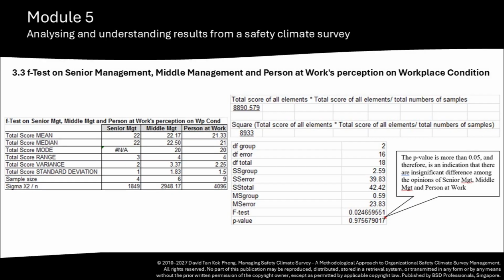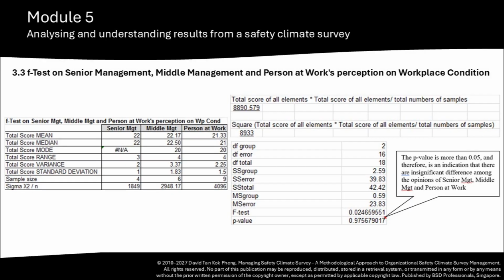Therefore, the null hypothesis cannot be rejected. The findings indicate that there are no significant differences in opinions among senior management, middle management, and persons at work regarding workplace conditions. This suggests that the three groups share relatively similar perceptions of workplace conditions within the organization.